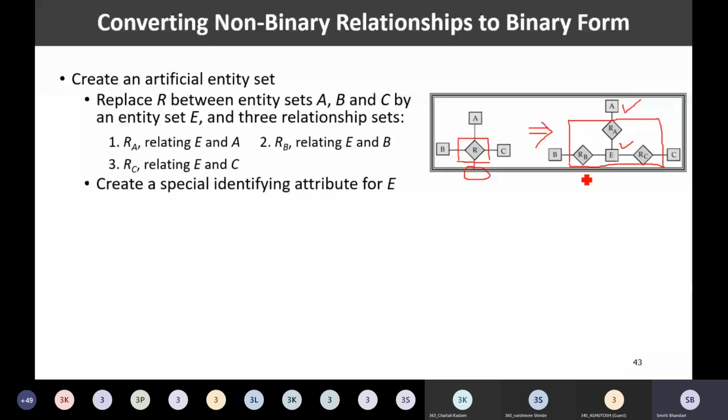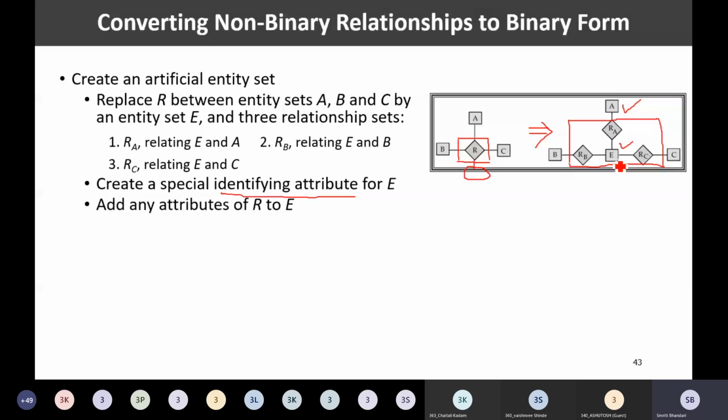So what we are going to do next is, as we have created this new entity set E, I must have some primary key for it, and that is why we are going to introduce one identifying attribute for this entity set E. So I'll be having some primary key for E. What next?